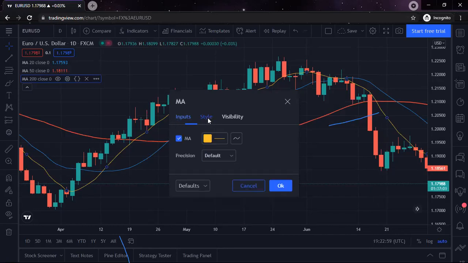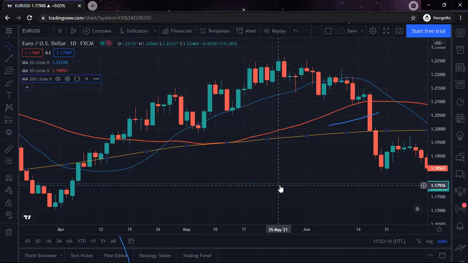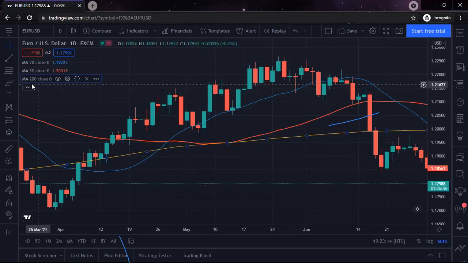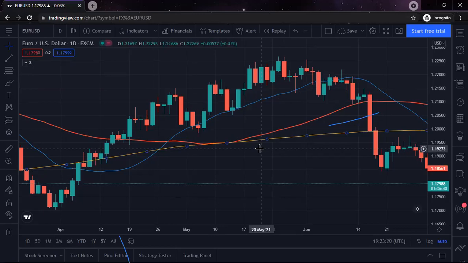We go to style. Should we leave it as yellow or change it? Let's maintain the yellow. Yellow is okay. So we click on OK. Now we have 3 moving averages on our chart.